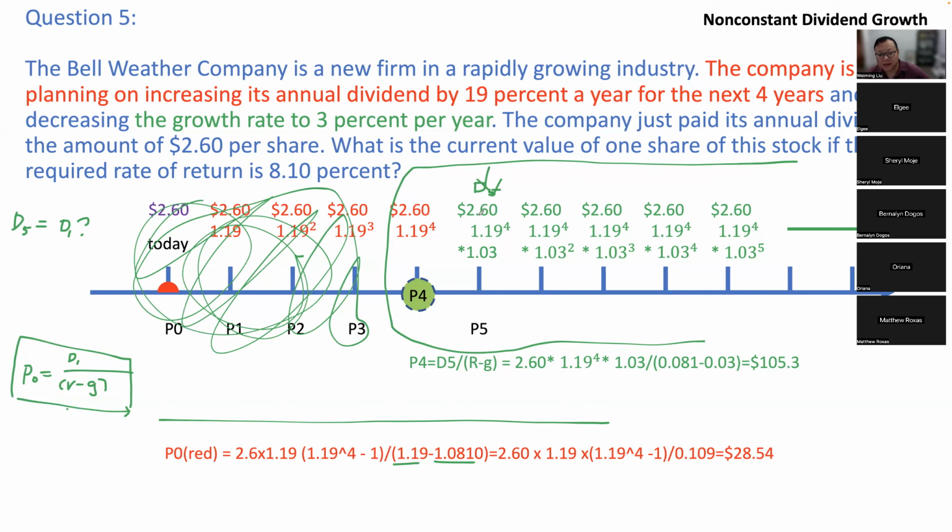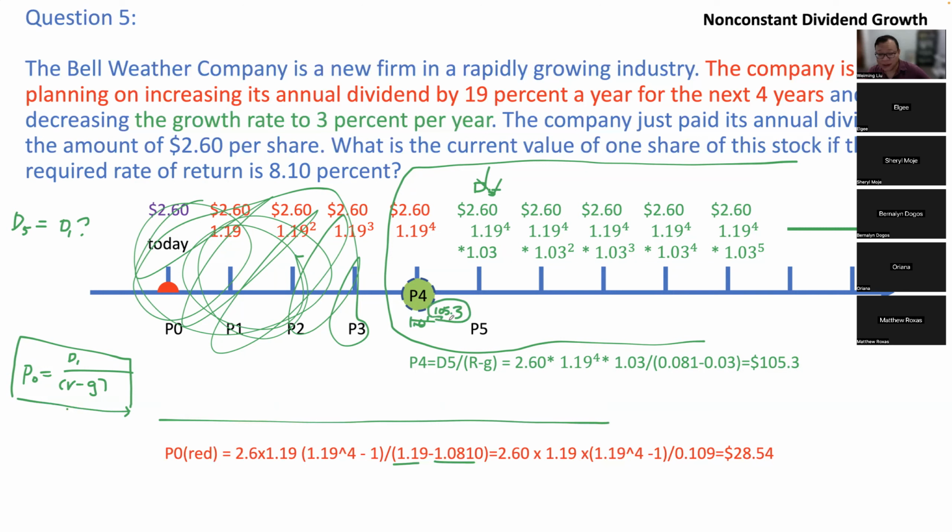So now you use this formula, and you figure out that this value here is $105.30.